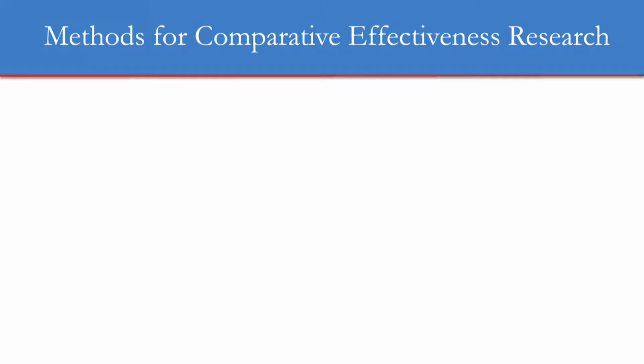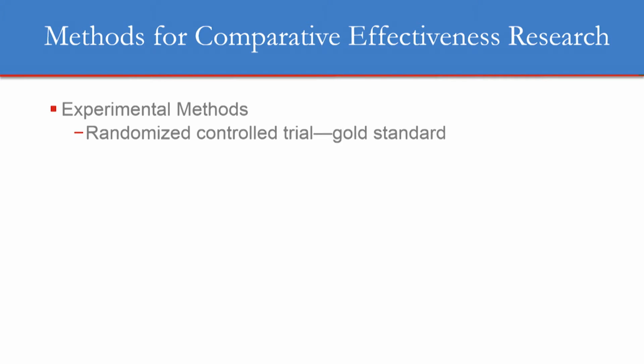As you have seen in previous modules and lectures, comparative effectiveness research is designed to inform decisions by providing evidence on the benefits and harms of different options. The evidence is generated from research studies with experimental methods, such as randomized controlled trials, which are considered the gold standard to compare the efficacy of two or more alternatives.